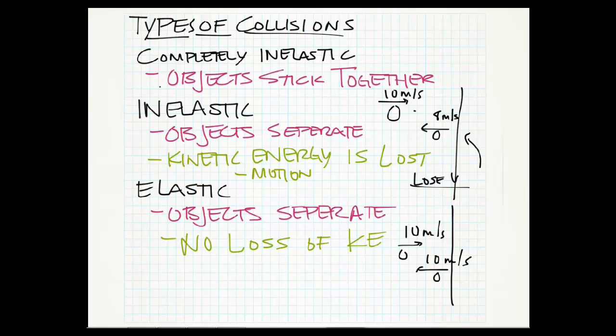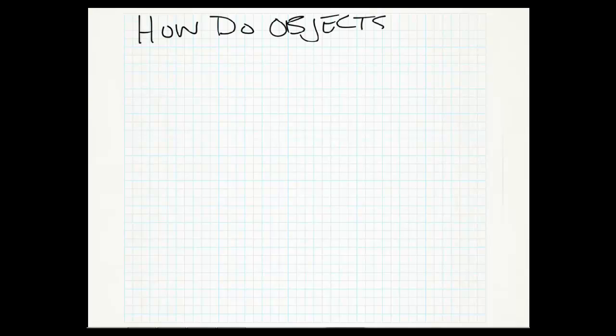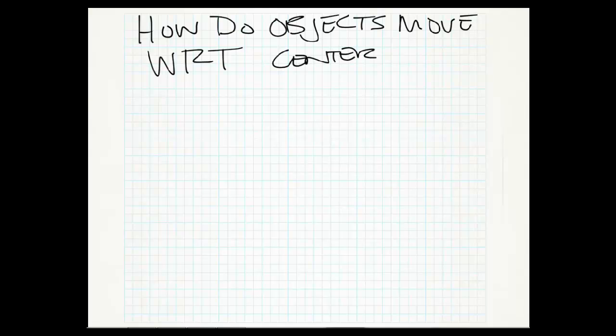Now, there is another way that we characterize collisions, and this is going to be a little conceptually tough to look at and think about, so I need you to stick with me on it. The other thing that we do is we look at how the objects move with respect to the center of mass.